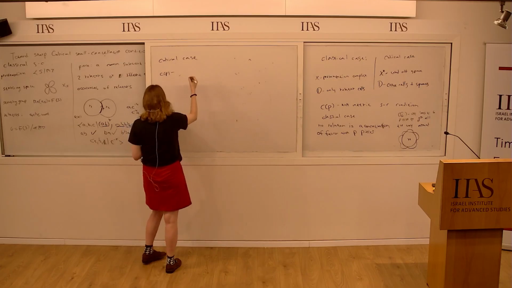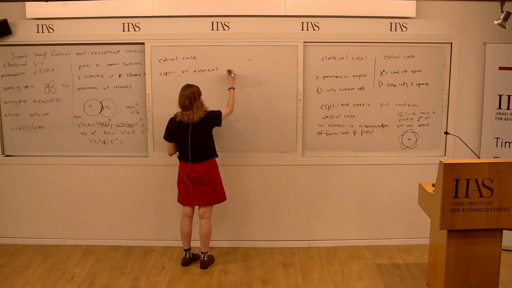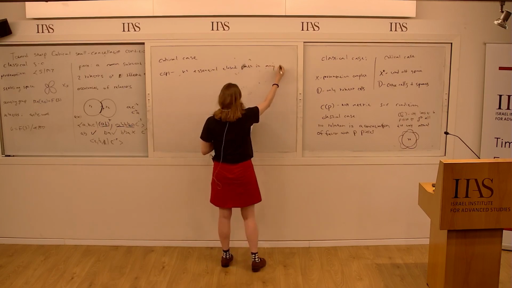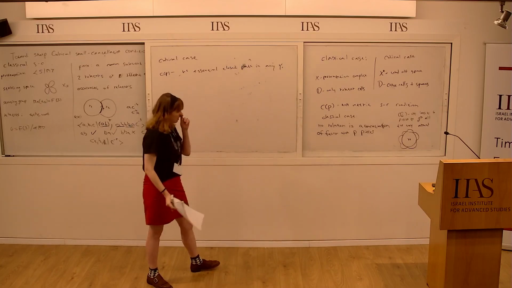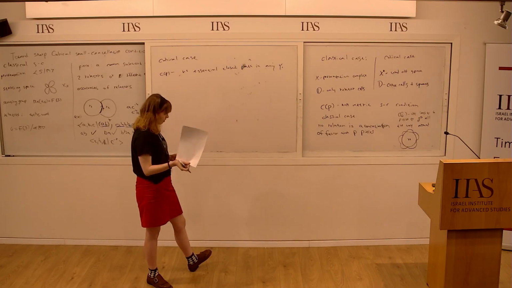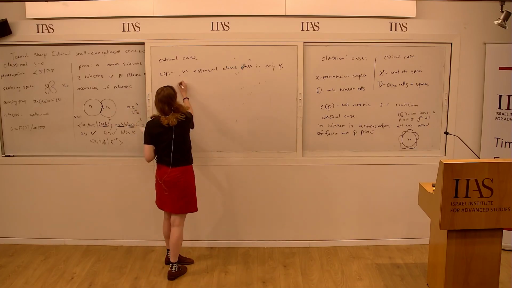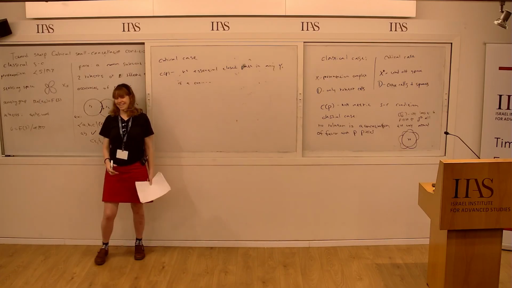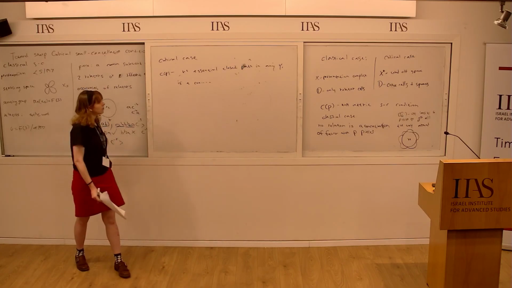C(P) will be: no essential closed path in any Y_i is a concatenation of fewer than P pieces. The same condition, just not about a word, but about all the loops in Y_i.